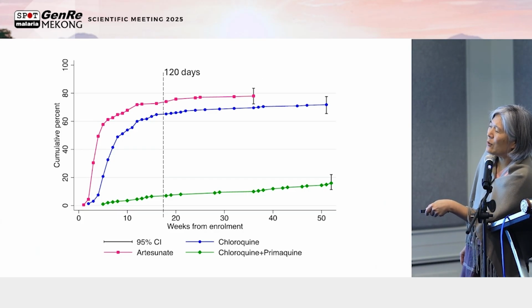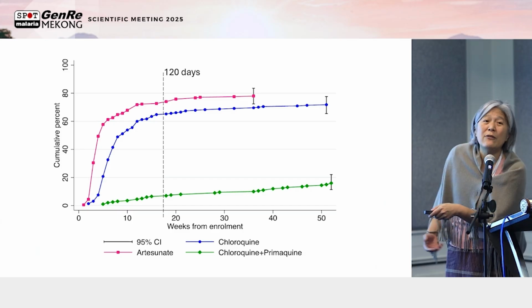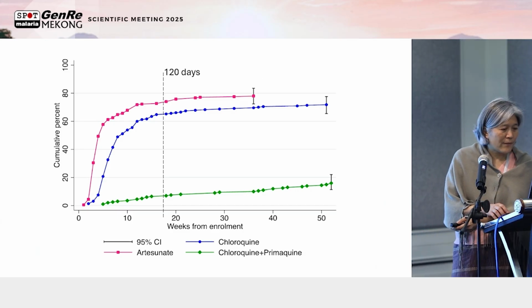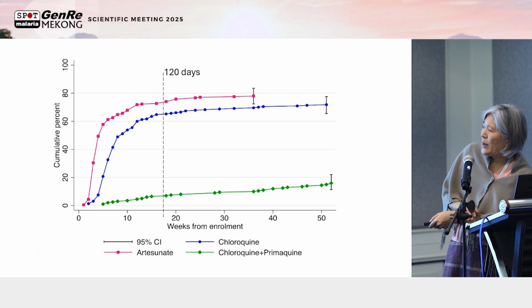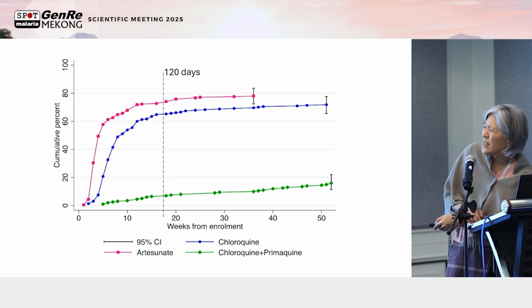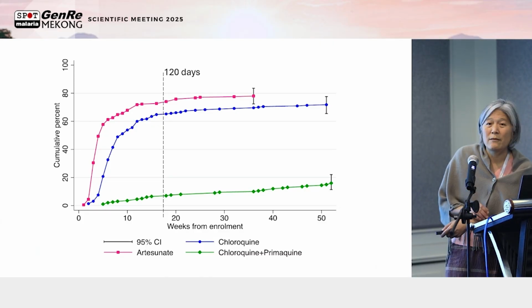Here we have about a 15% recurrence rate after primaquine. After artesunate and chloroquine, it's more like 70 to 80% who will have a recurrence. And at 6 months, we don't see much difference.